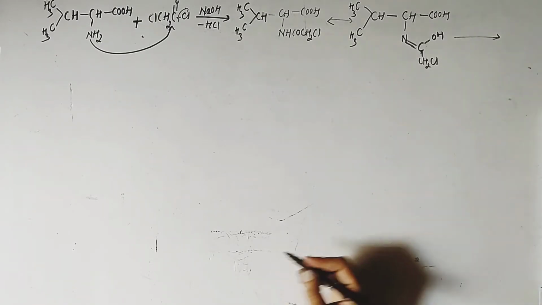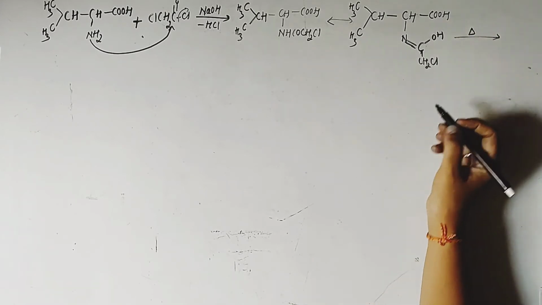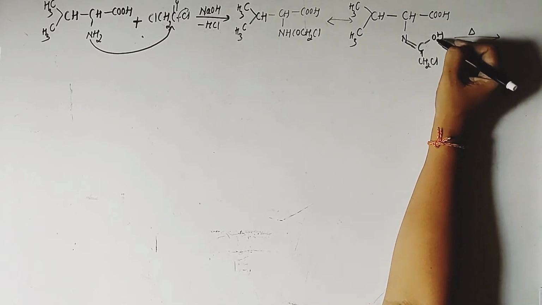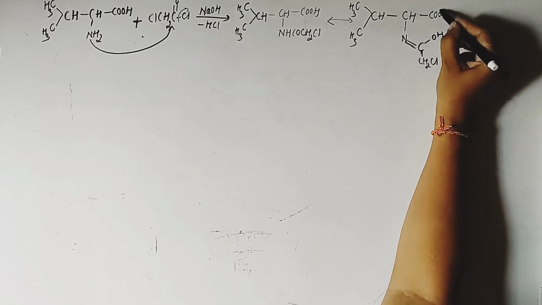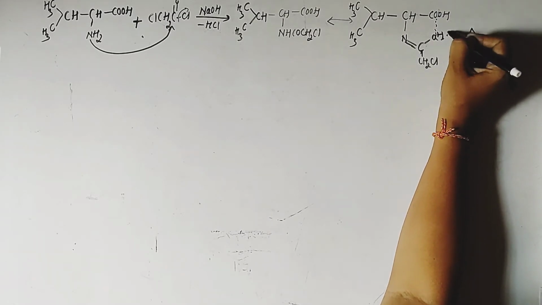Cyclization of this compound takes place at high temperature between these molecules: OH from here and H from here.